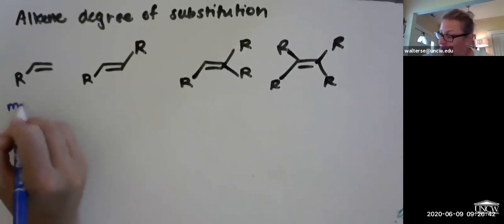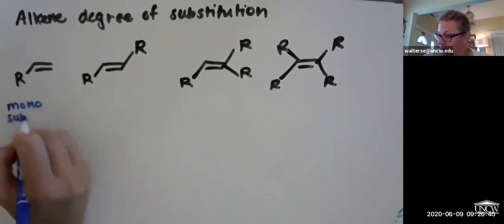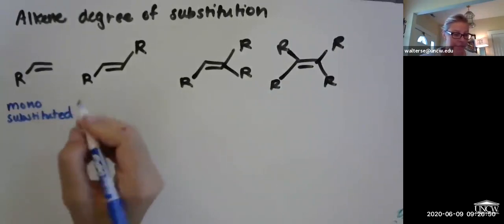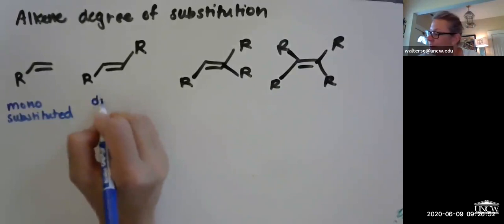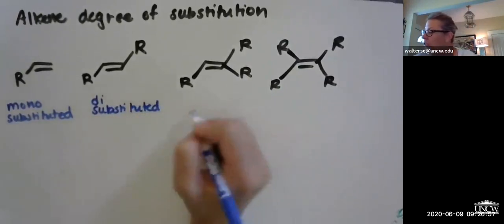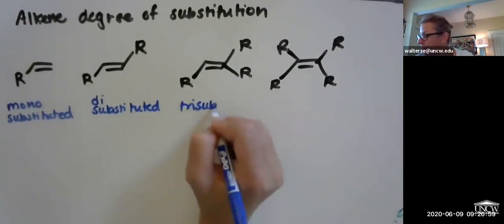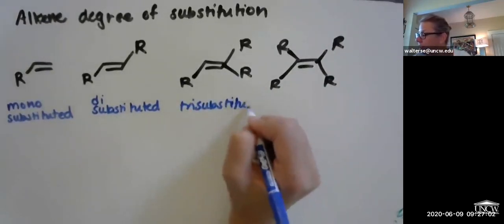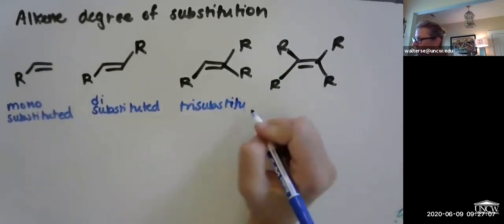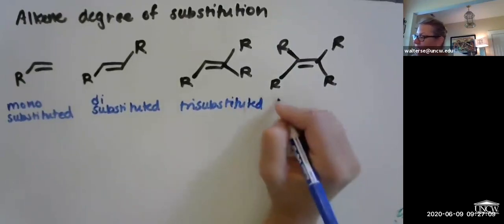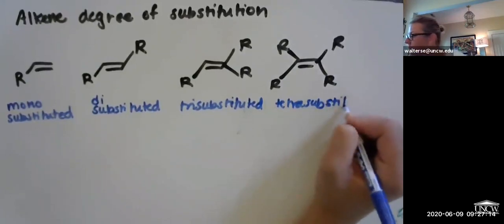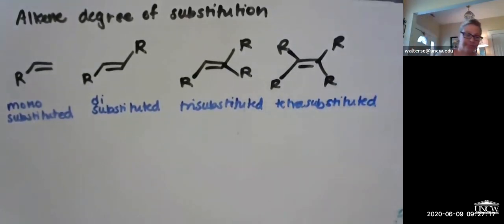So the first is called monosubstituted. Disubstituted. Trisubstituted. And tetrasubstituted. Okay.